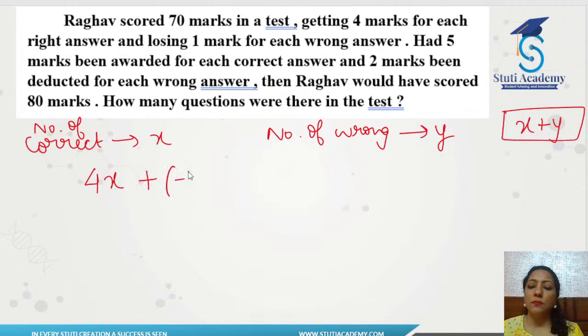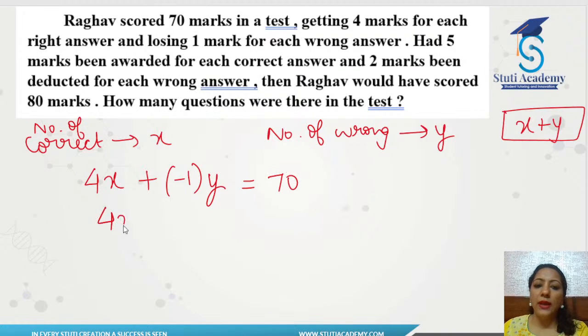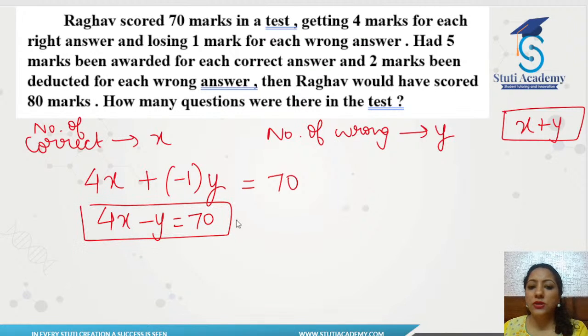So we are going to take minus 1 times y, because y is the number of wrong answers, and for every wrong answer we are losing 1 mark. So that means we are actually gaining minus 1 mark. And in all, Raghav is getting 70 marks. So this is 4x minus y is equal to 70. This is one equation which we have. This is the first case.